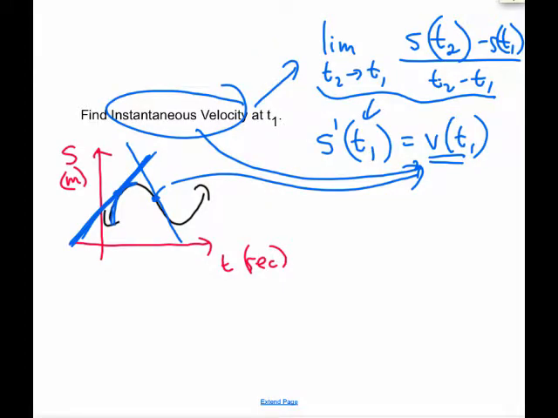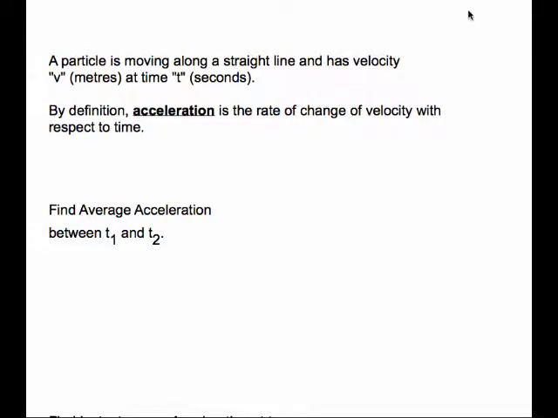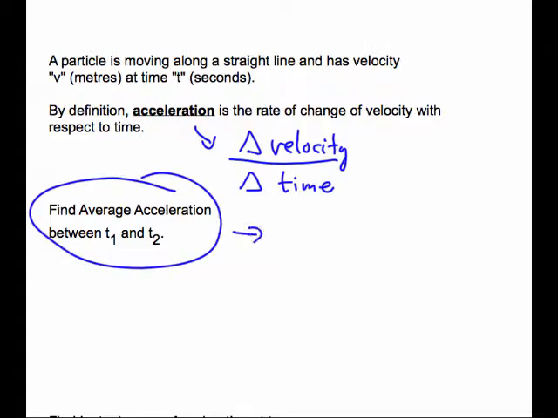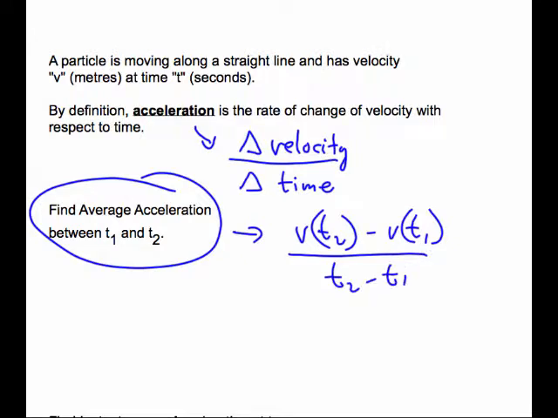And just as we talk about the fact that velocity can be a positive or negative quantity, speed, by definition, is the absolute value of instantaneous velocity. And so in physics we also talk about acceleration, which by definition is the change in velocity over the change in time. And so average acceleration over an interval is simply this change in velocity over the change in time.